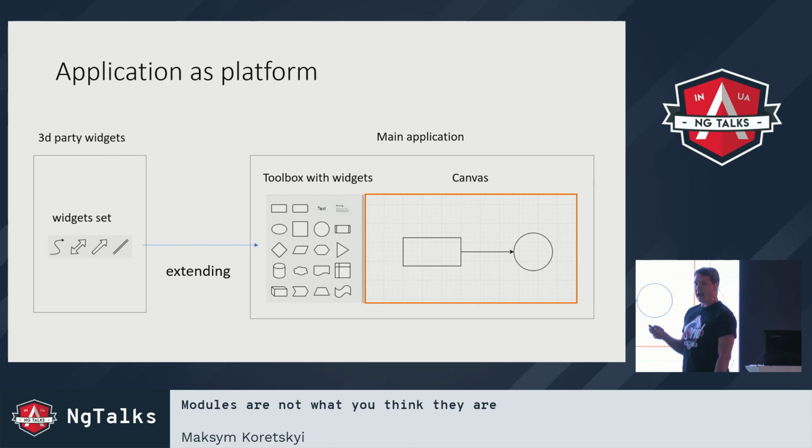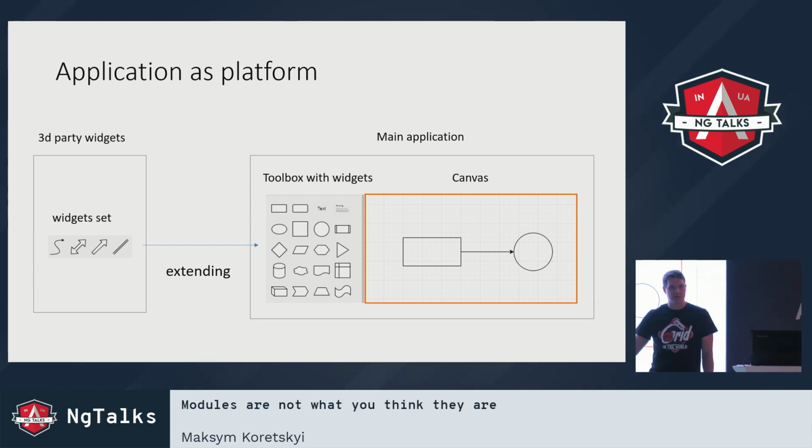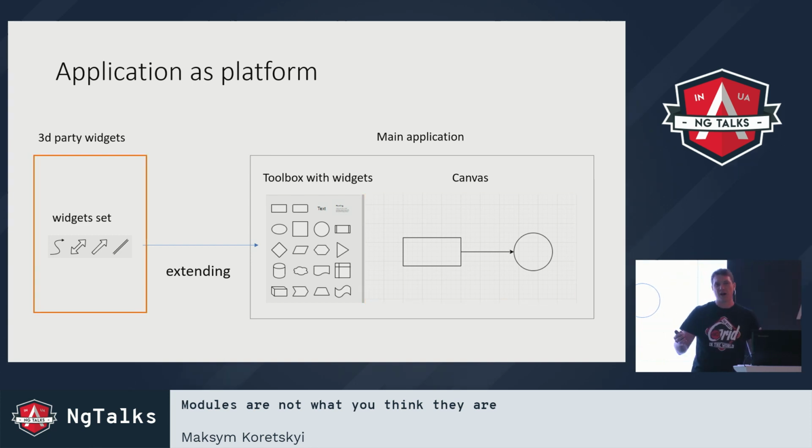Where this application is interesting is that the default set of widgets can be extended with widgets implemented by third-party developers. If you think about it, it's similar to how we extend our applications with jQuery plugins, right? Someone writes them, you just load them, plug them in, and have the functionality out of the box. So this is exactly the case, maybe a little bit more complex.